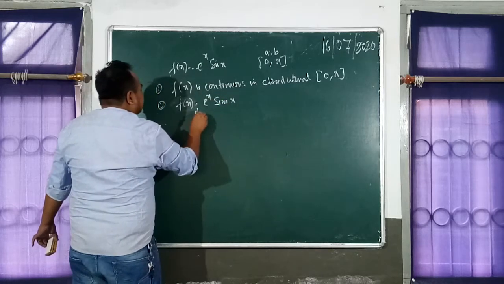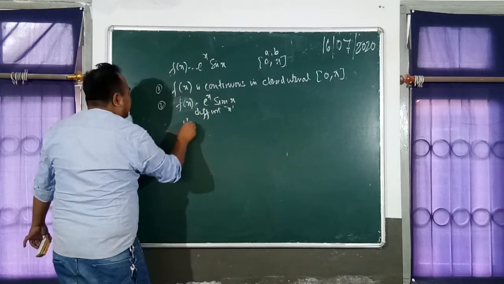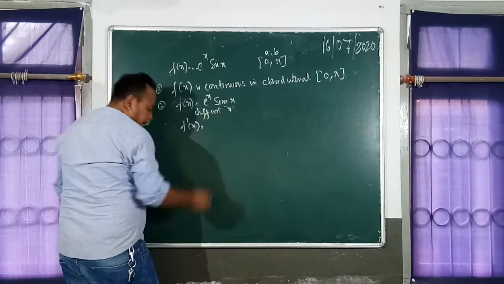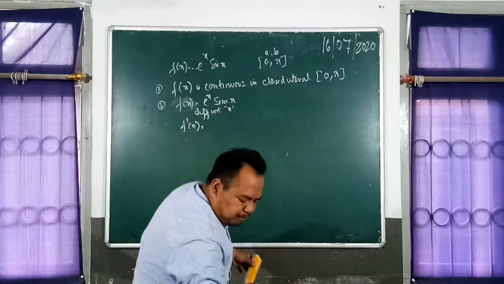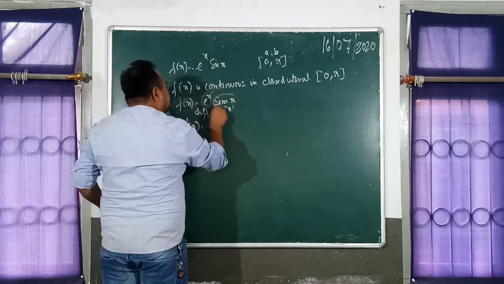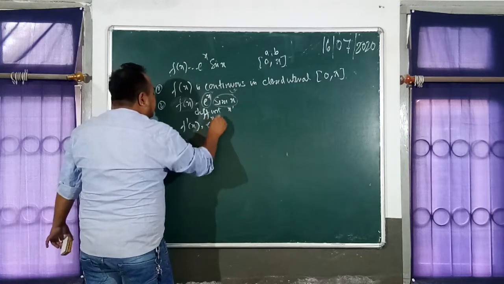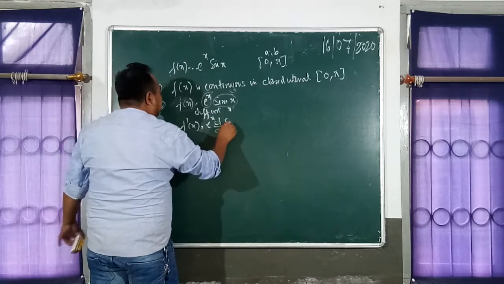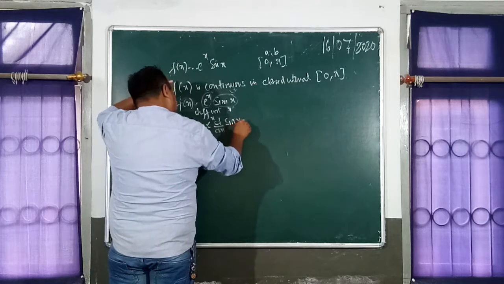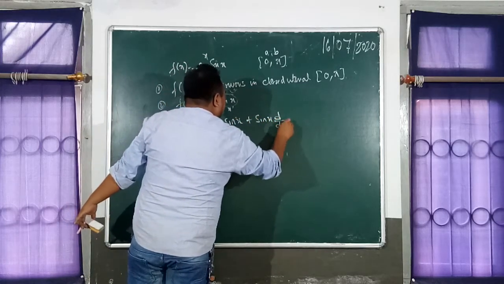So what do I write? Differentiating with respect to x, f dash x is going to be product rule, u into v. So this is your u and this is your v. What is the product rule? u d by dx of v plus v d by dx of u.